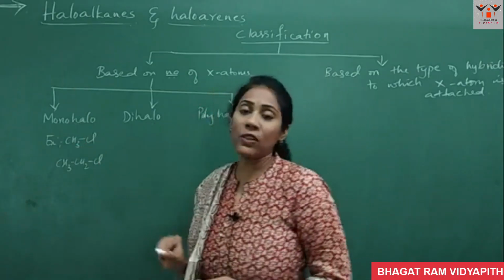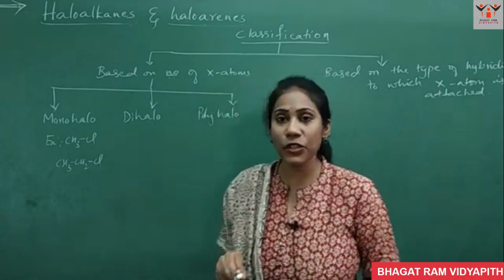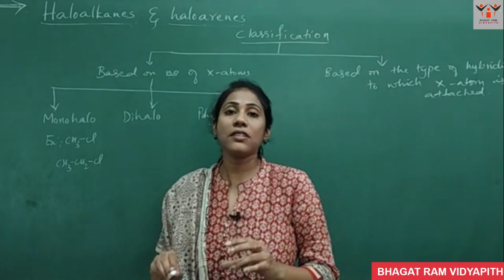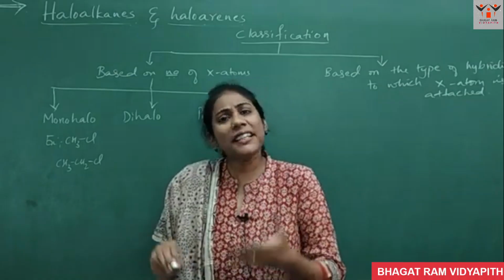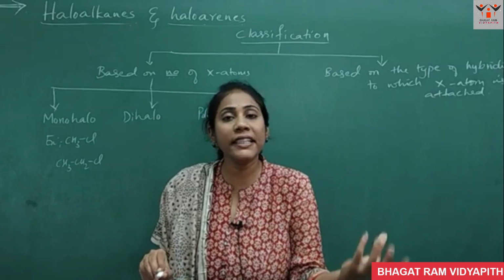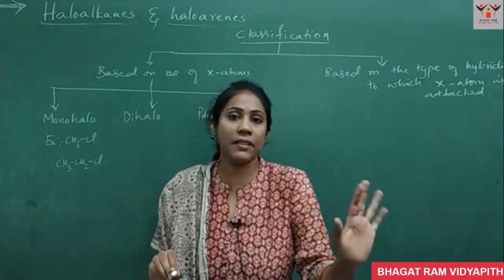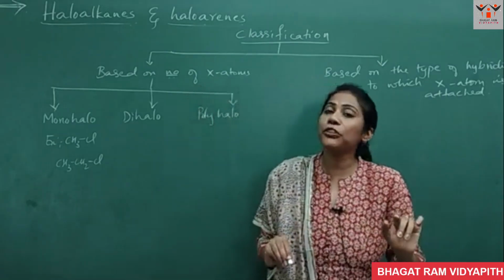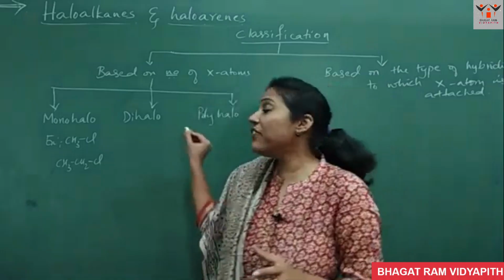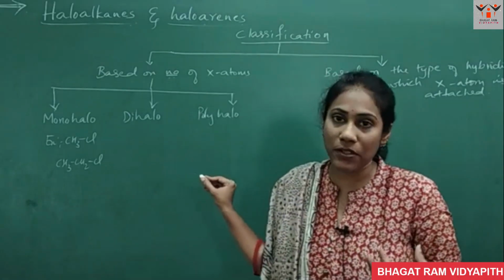Coming to dihalo compounds, the name itself tells you, in these compounds there are two halogen atoms present. It can be the same halogen atom or it can be a different halogen atom, doesn't matter. But in a single molecule, if you have two halogen atoms, then we call it a dihalo compound.